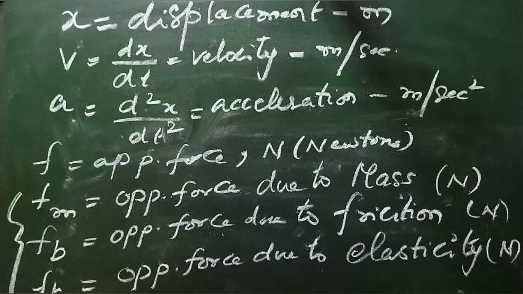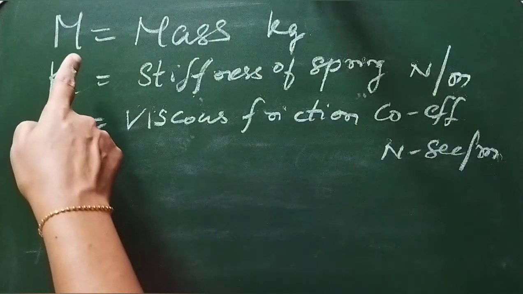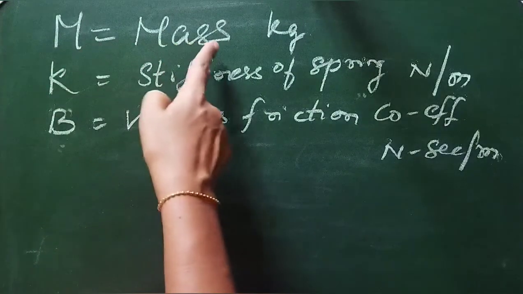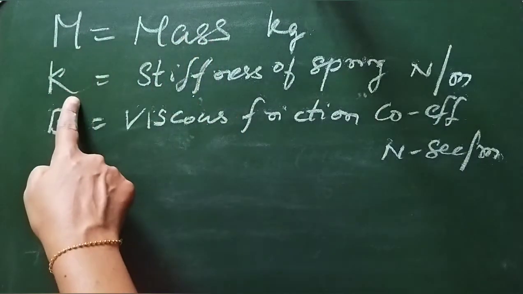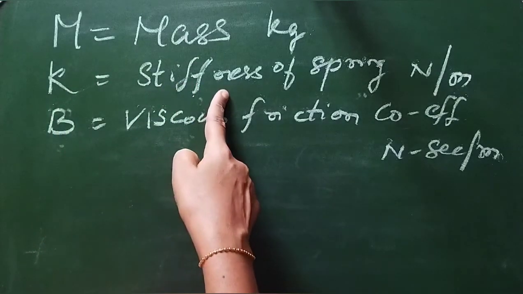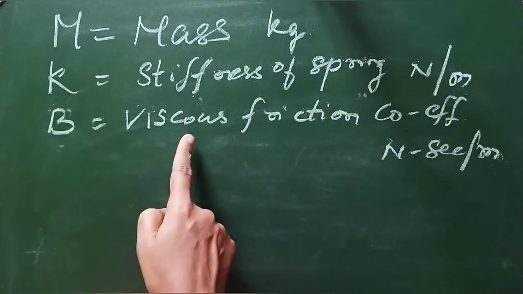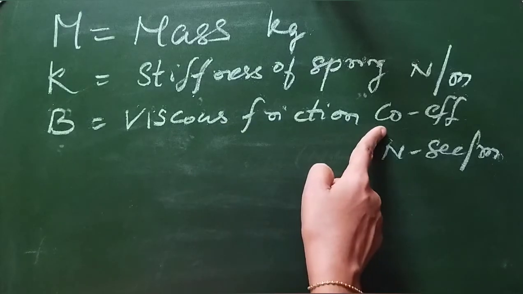Then we have Fk, that is nothing but opposing force due to elasticity or due to spring. Here we have m, that is nothing but mass, k, that is stiffness of the spring, and b is viscous friction coefficient.